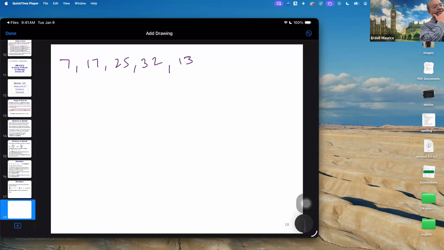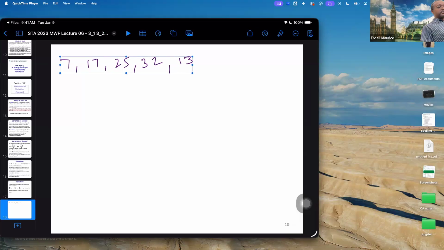So I can estimate the average right here. 32 is the highest, 7 is the smallest, so it's between 7 and 32. So what's the average?